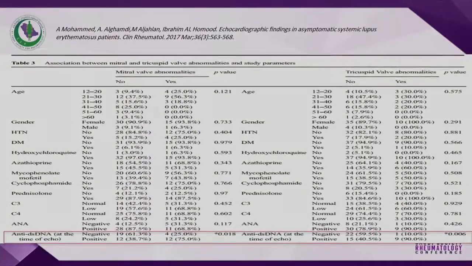We did an echocardiogram to screen them for any structural heart disease. We found that those with positive anti-double-strand DNA have valvular abnormalities, both mitral and tricuspid valves. Not only that, those with positive antiphospholipid antibodies are more at risk of structural heart disease and valvular abnormalities.